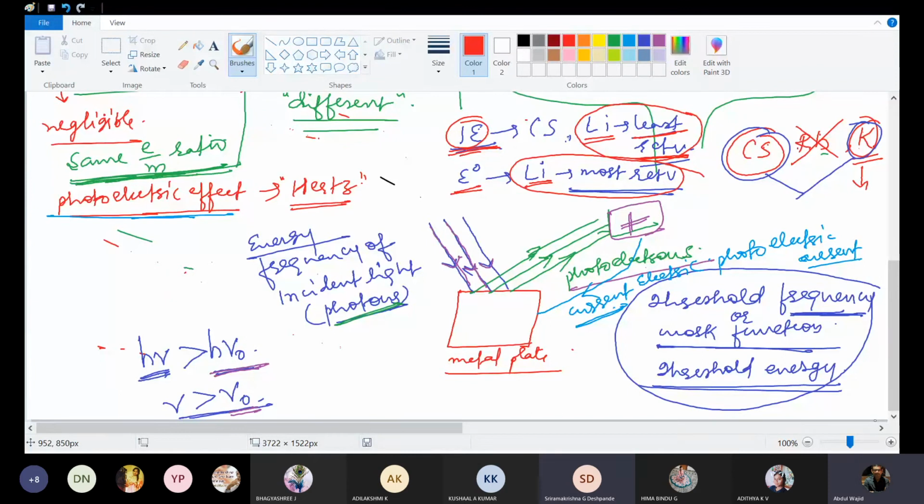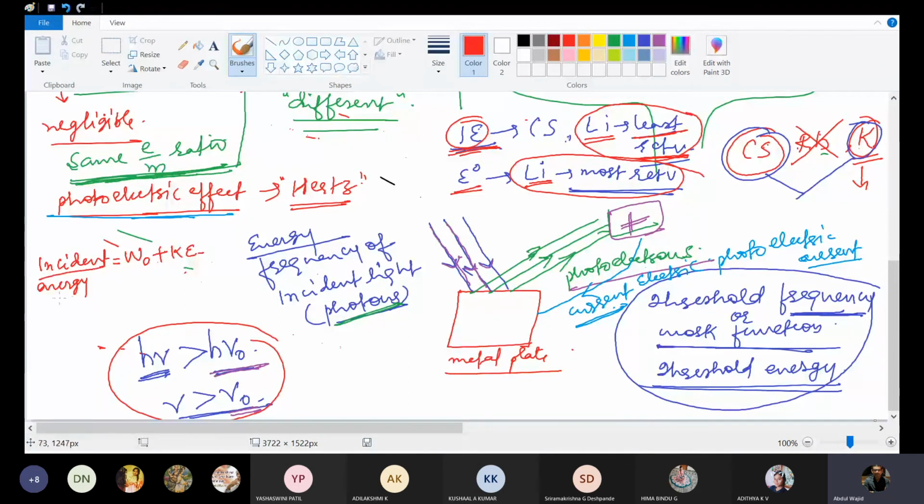Yes, sir. Now we'll see one more point related to this photoelectric effect. Energy of incident light, that is incident energy: some part of it will be used to take out an electron from the metal surface, which is called the work function, and the rest will be used as kinetic energy.